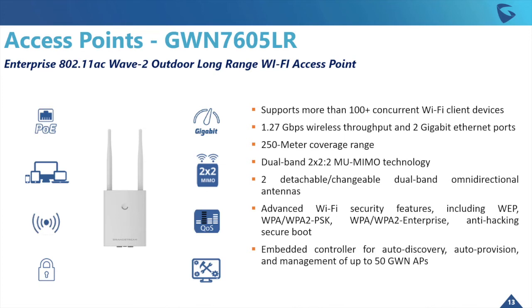In terms of the coverage range, it offers 250 meters. It is a dual band 2x2 multi-user MIMO technology. The 2 antennas are detachable and changeable, and they broadcast the signal in omnidirectional fashion.